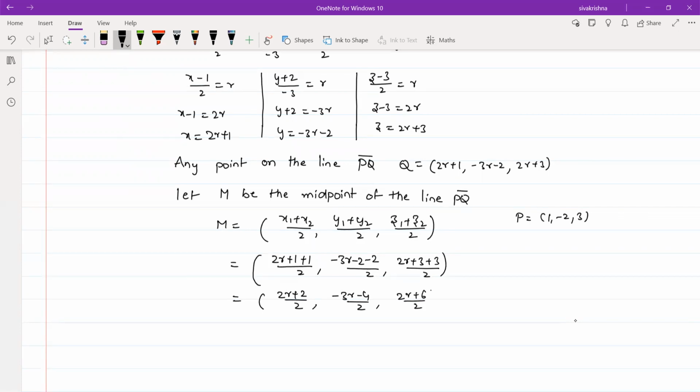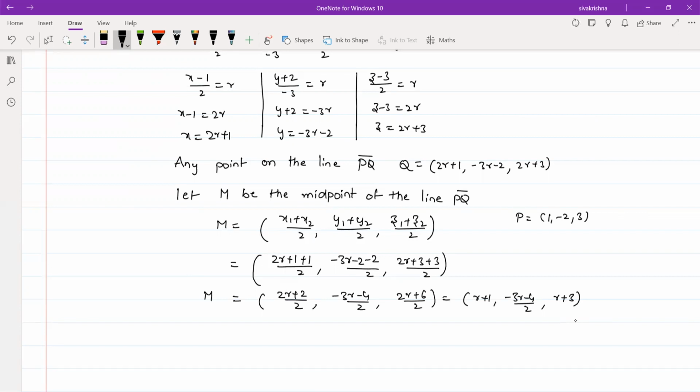On simplification, if you take 2 common in the first term, we get r plus 1, comma minus 3r minus 4 by 2, comma, and if we take 2 common in the third term also, we get r plus 3. So this is the point M.